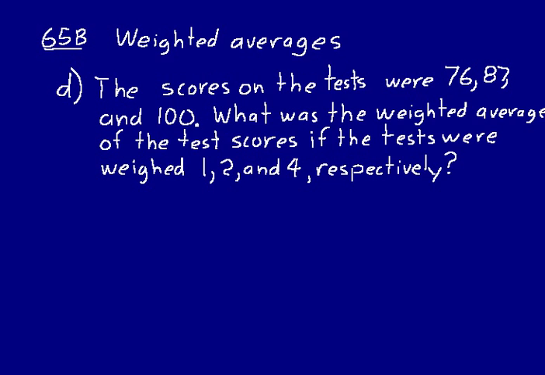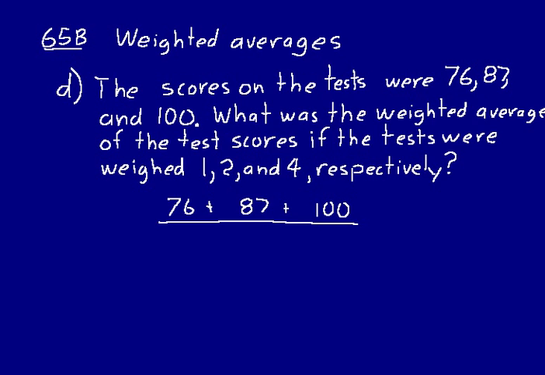What you do on these, you don't just say 76 plus 87 plus 100 and then divide all that by 3. You have to consider the weight of all the tests. So let's not put that 3 there. The 76 was weighted one time, so we multiply it by 1.